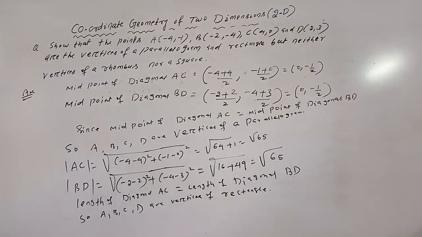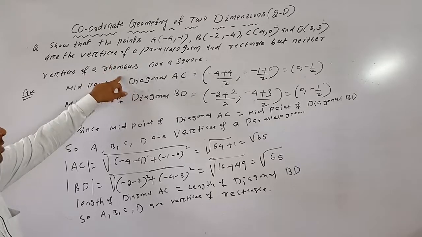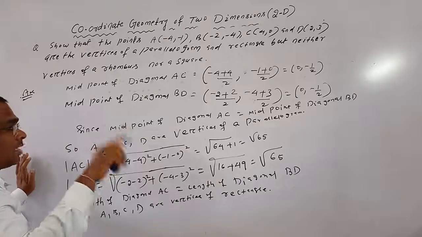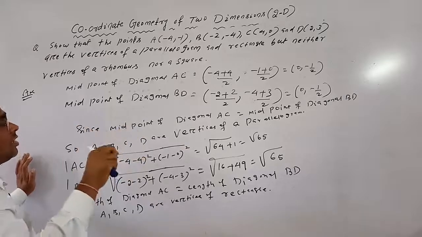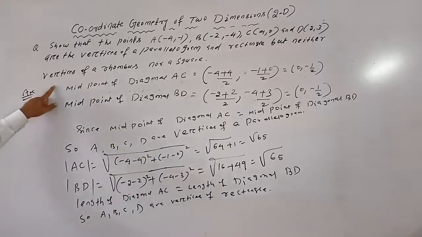In a rhombus the diagonals bisect at right angle. Right angle means the product of the slopes is minus 1, but we are not given the slope, so we use the distance formula to prove it is neither a rhombus.